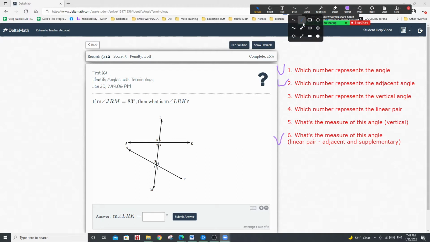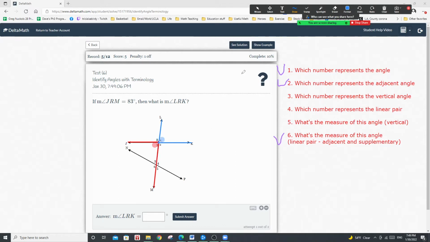All right, so this one is another one. Once again, let's draw JRM. Here's J, here's R, here's M. And then we also have to draw LRK. So let's draw L to R, and then R to K. Cool. In between the red lines is angle 3. In between the blue lines is angle 1.